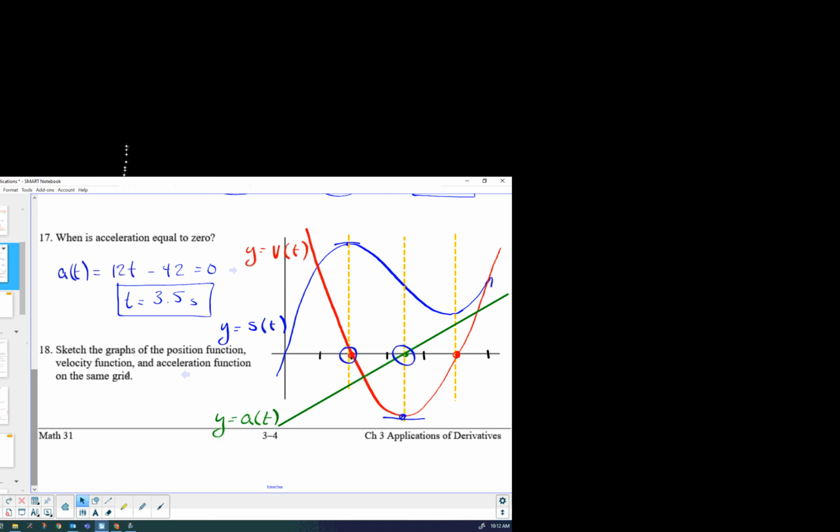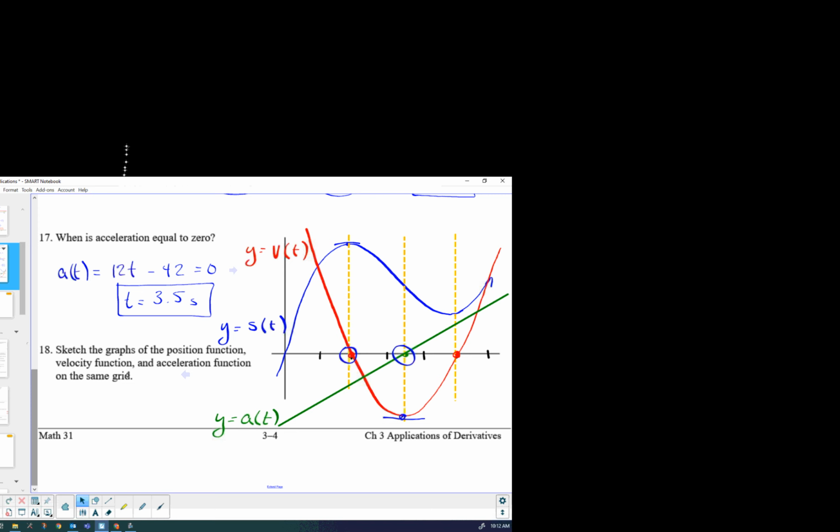But then between 2 and 3 seconds, the red graph and green graph are both on the negative side, so they're both in the same direction, so my object is actually speeding up. When the acceleration hits 0, that's when it switches direction.